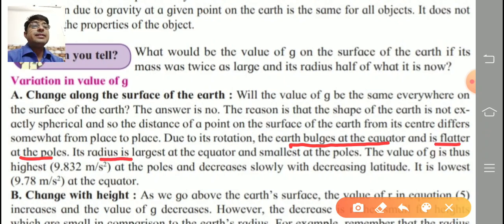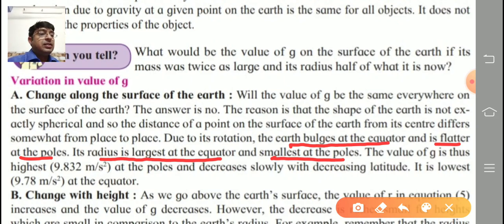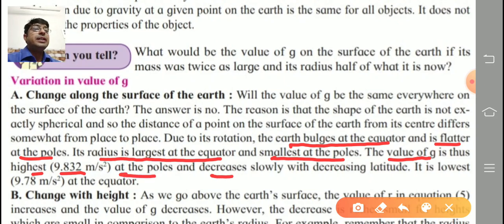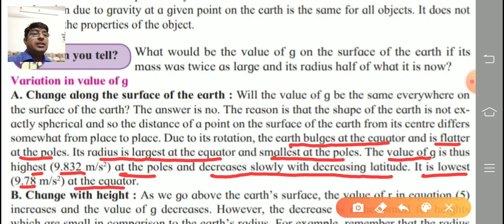Therefore, its radius is largest at the equator and smaller at the poles. The value of small g is highest, 9.832 meter per second square, at the pole, and decreases slowly with decreasing latitude, and it is lowest, 9.78 meter per second square, at the equator. So the value of small g is affected by the change of shape of the Earth.